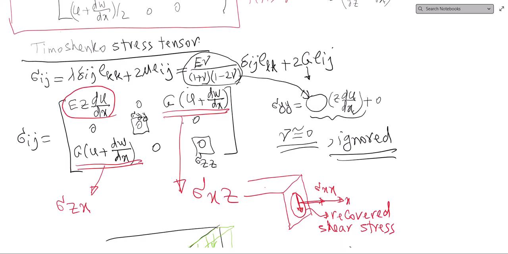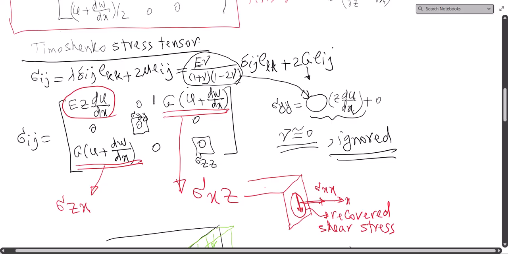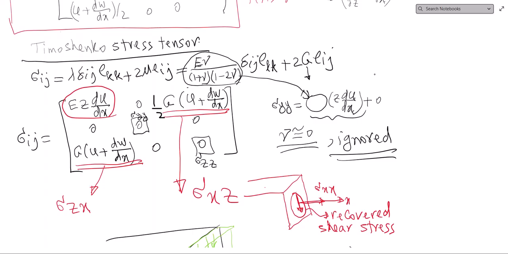One more thing that I would like to point out here is actually this should be divided by 2 maybe, because I can come here and say because this is gamma, so my tau, let's call it tau, which is my sigma xz, is equal to G gamma divided by 2, right?